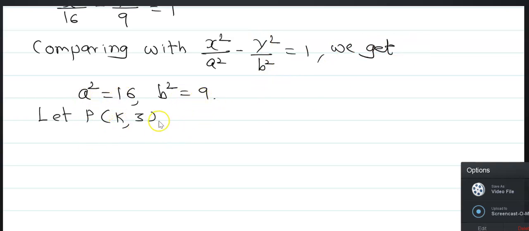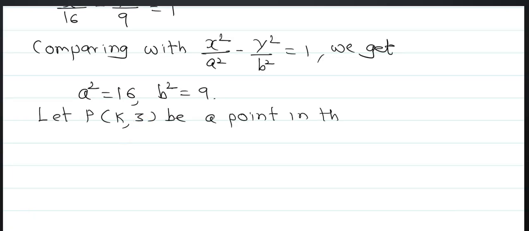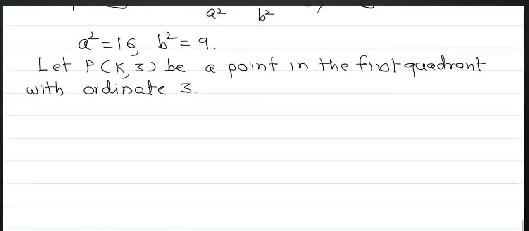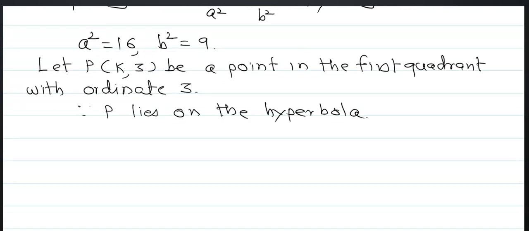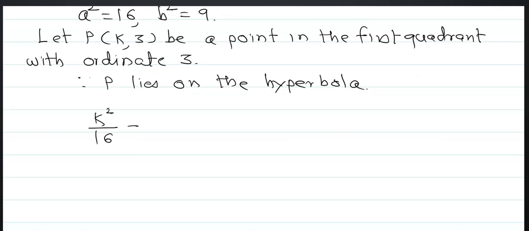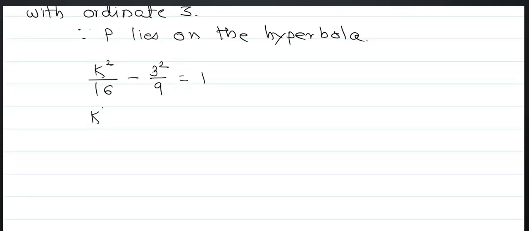The point is P k, 3. Now we have the abscissa and the ordinate. Therefore, we are given the y coordinate and substitute these values. The point is in the first quadrant, ordinate is 3. P lies on the hyperbola, it satisfies the equation of the hyperbola.